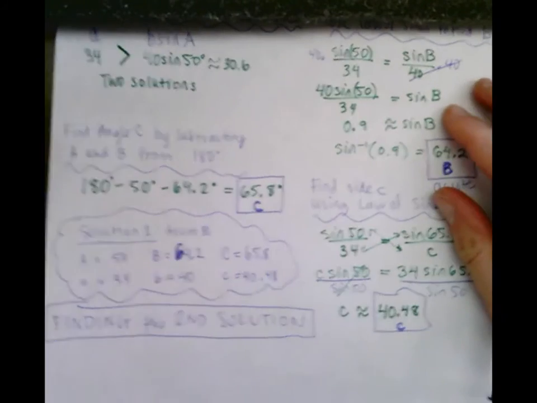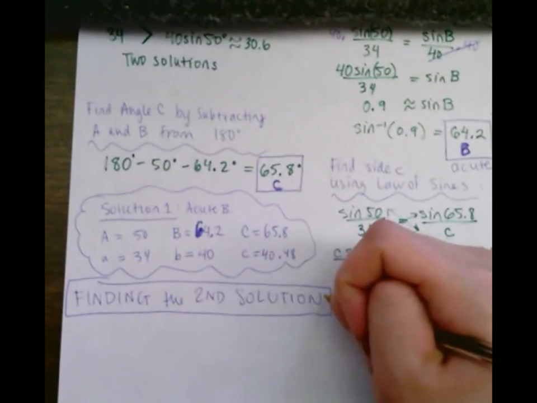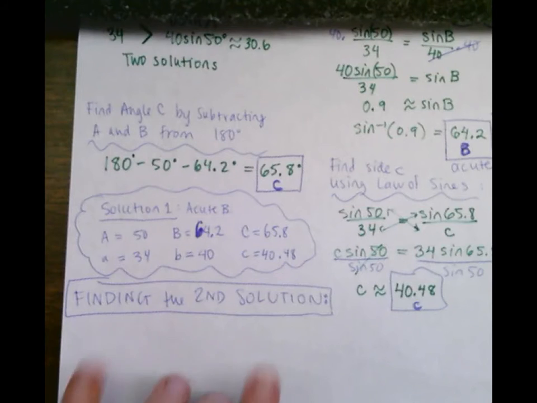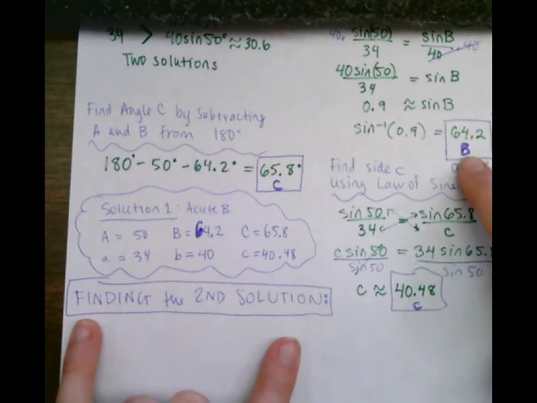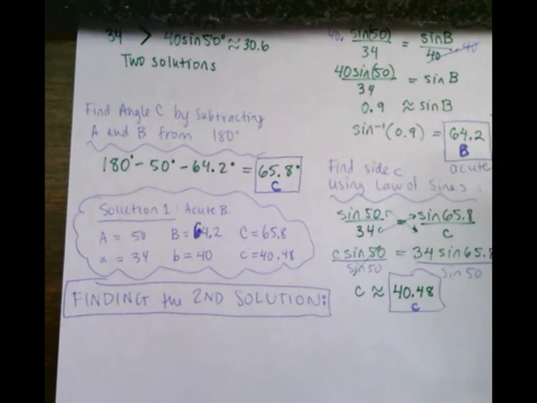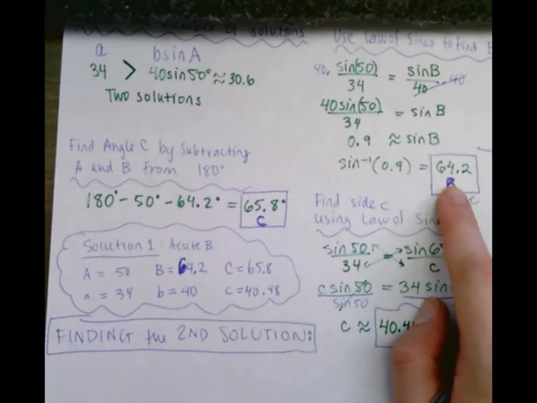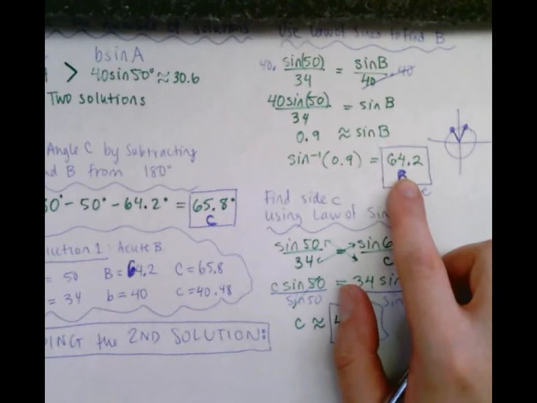Okay, so to find the second solution, you will always have to figure out that other B value. The way we do it is you take the first B value you get, 64.2, and you subtract it from 180.